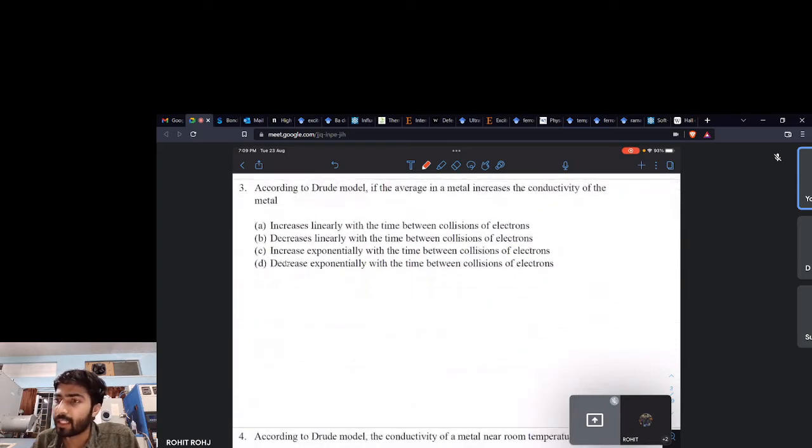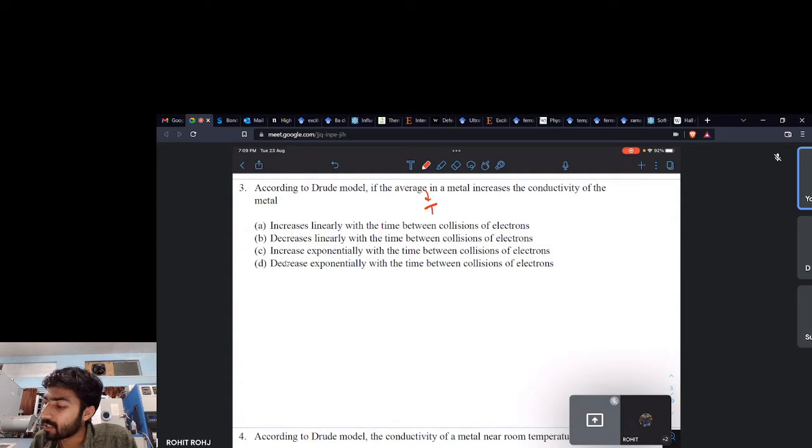Next one is, according to Drude's model, if the average conductivity in a metal increases, I think this is temperature. There's a misprint.